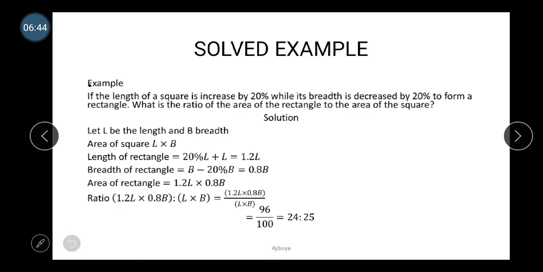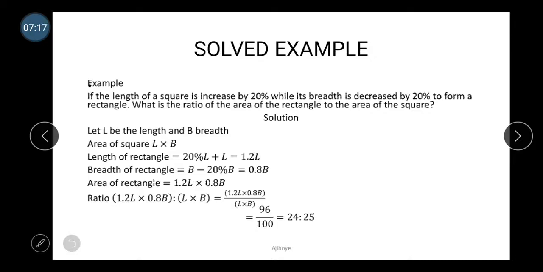Now the breadth of the rectangle formed is a reduction of 20% from the original breadth of the square. So it will be B minus 0.2B, which equals 0.8B.